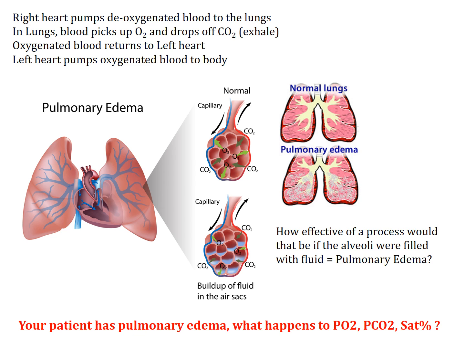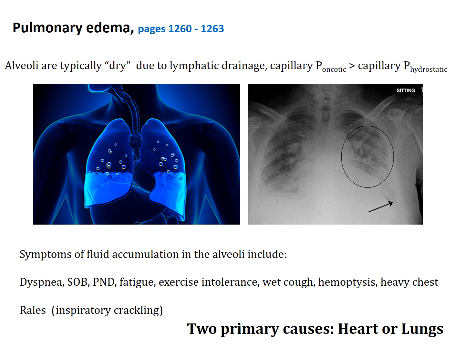We want to talk about non-cardiogenic pulmonary edema, or edema which is happening in the lungs due to pulmonary pathology, not due to cardiac pathology. You've got a couple of pages in the textbook on pulmonary edema that are pretty good. That's worth reading.